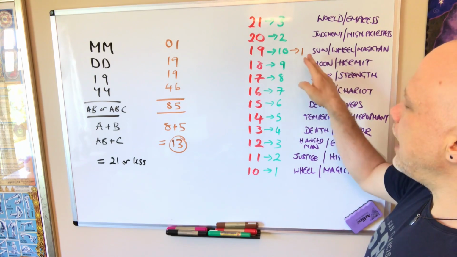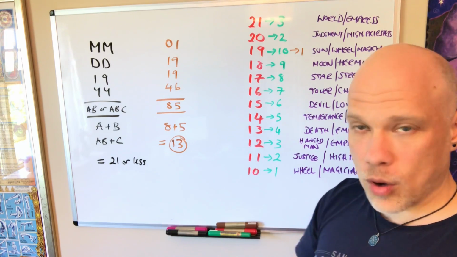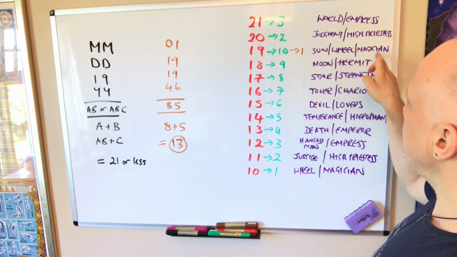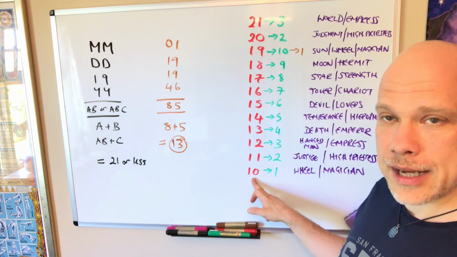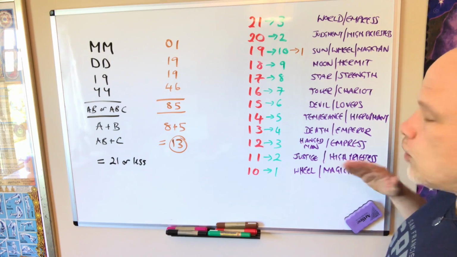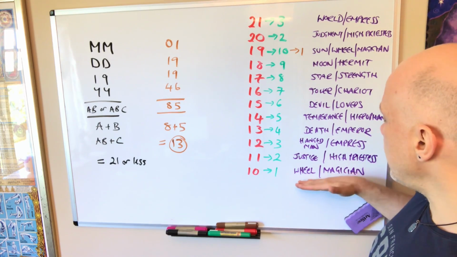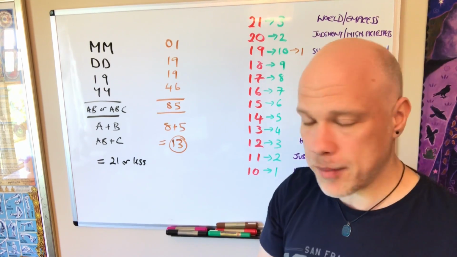So this person had a tarot birth card trio, not pair: Sun, Wheel, Magician. If they had gone straight to 10 in their calculation and hadn't had 19, they would just be Wheel Magician. So it's important to know in this method there is a difference. You can be a Wheel Magician or you can be a Sun Wheel Magician, and that gives you different elements to deal with.